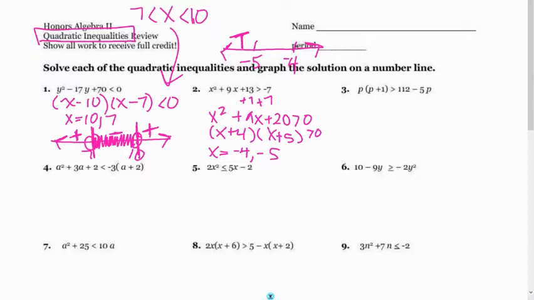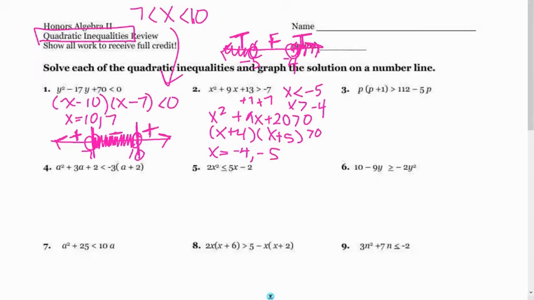If I pick a number in between here, like 4.5, and plug it in, I'd get a negative number, so it would be false. I kind of skipped over doing that, but you should type those in. So now I know that where it's true is my solution. So I have x that's less than negative 5, and x is greater than negative 4.